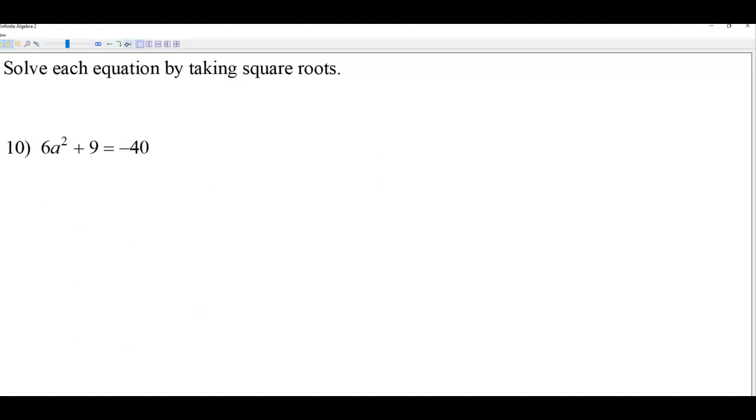Sometimes those problems can get a little bit more complicated, so I'm giving you another one. They get more complicated in the process of simplifying, but here we go. Let's try that one. We're going to subtract 9 on both sides first.